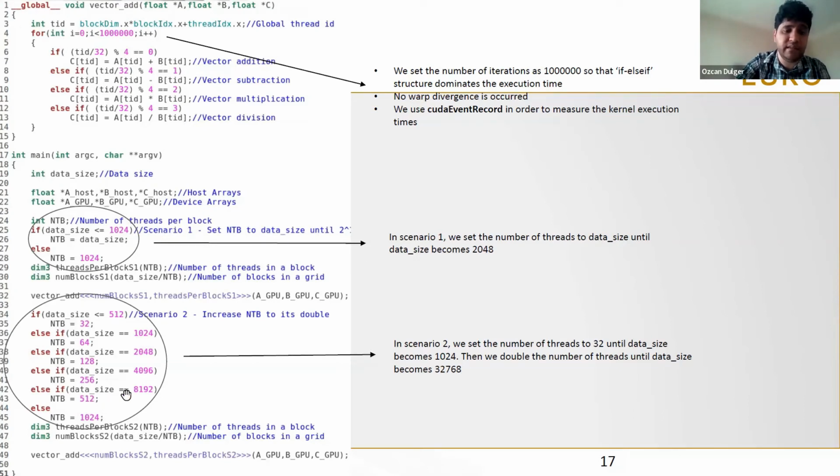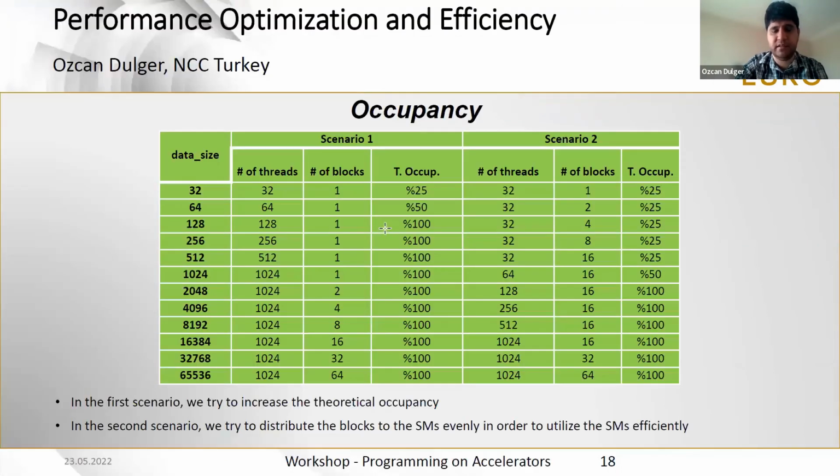And in the second scenario, we set the number of threads to 32 until data size is 2^10. Then we double the number of threads per block as the data size doubles, until the data size becomes 2^15. Here is the summary of the scenarios in a table.